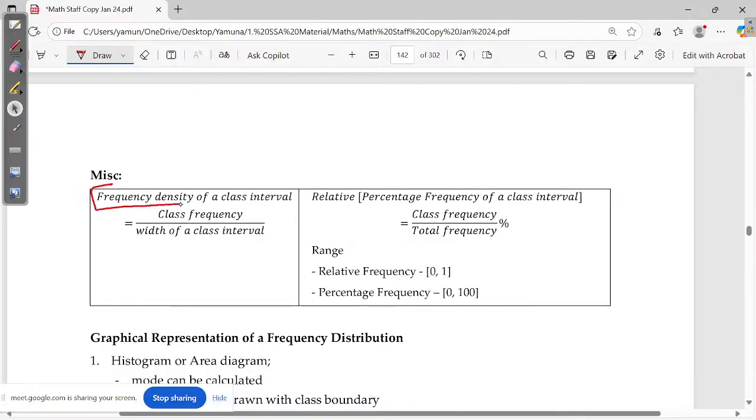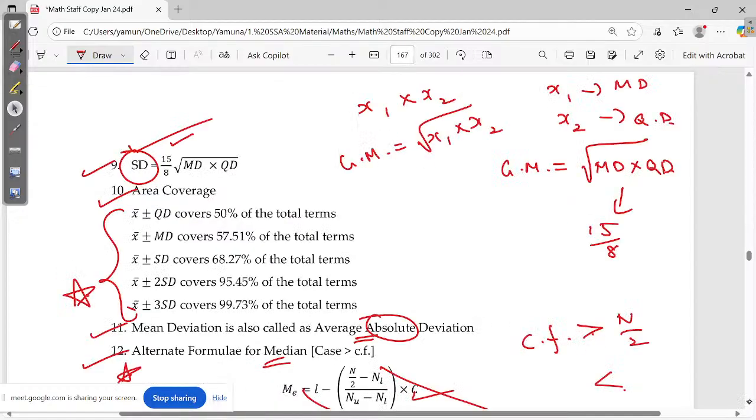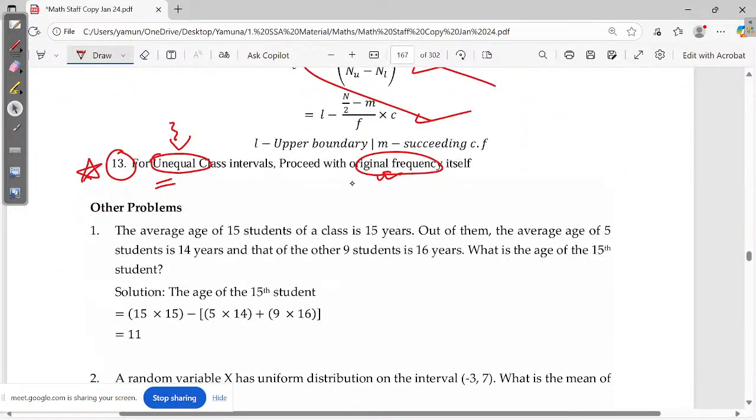Frequency density. What do you mean by frequency density? We use frequency density if we have unequal class intervals. But from this point, it suggests that even if you have unequal class intervals, you need not go for frequency density.